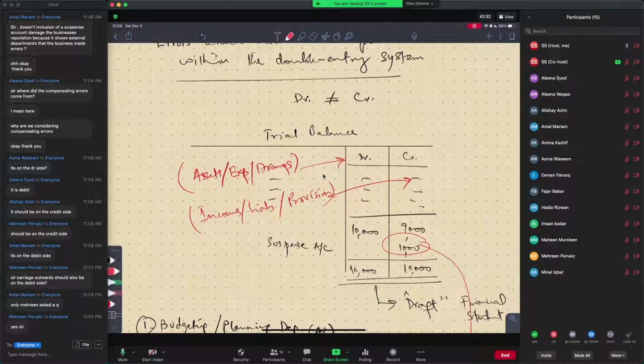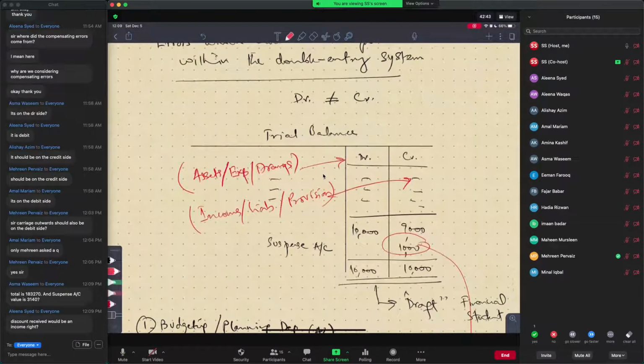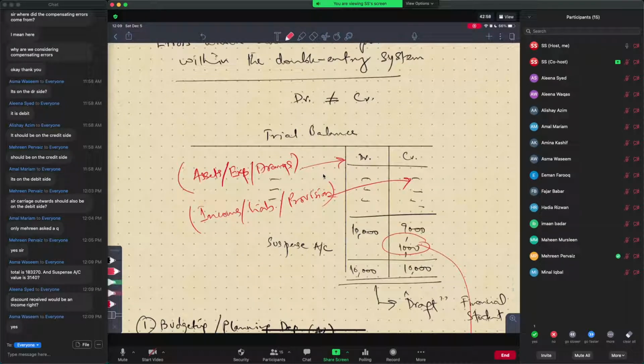Yes, anyone got the totals for the trial balance? Okay, Asma, give me the values.